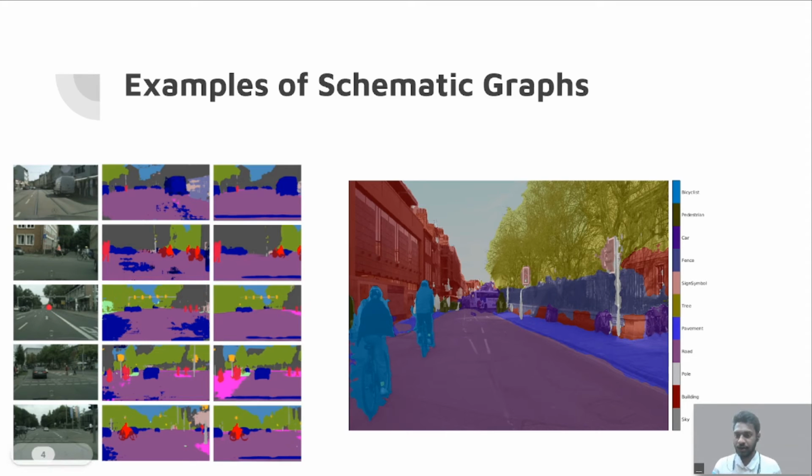Moving on, it did predict that there are traffic lights and pedestrians and road. As you can see, the middle images are with noise. They did what they have to do, but there's a lot of noise which is completely useless for an AI model to perform its tasks.